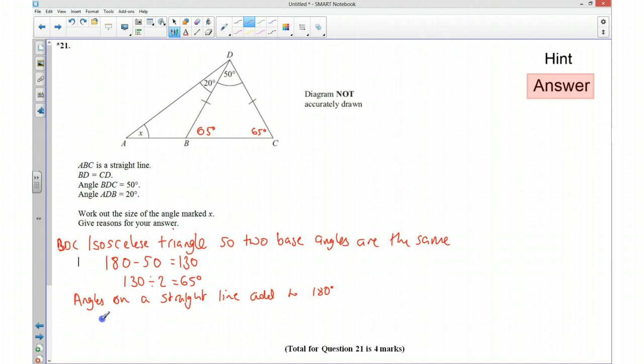So we can do 180 degrees take away 65 degrees, and that's going to give us 115 degrees. Okay, and then for the last part we can say, well, the angles in a triangle add up to 180.